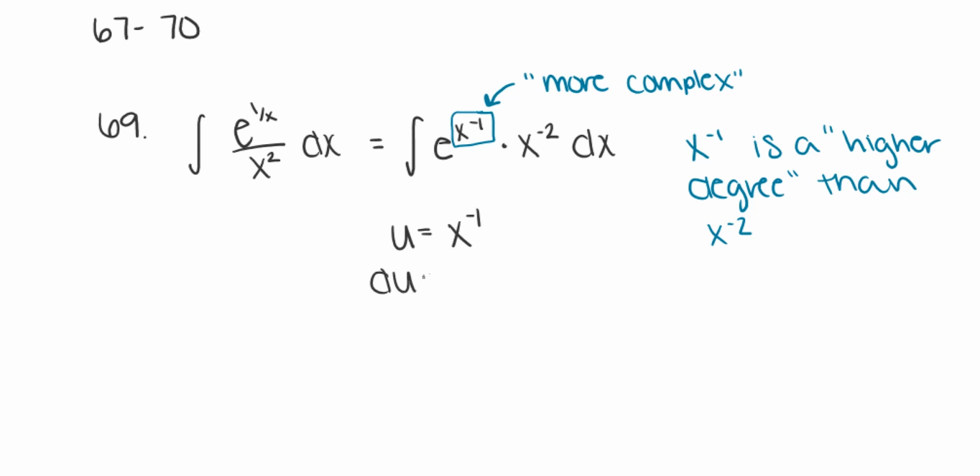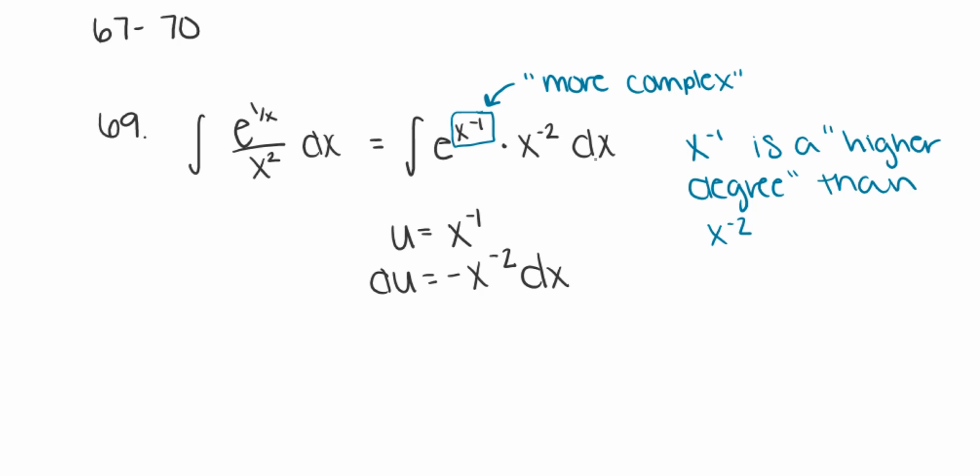And remember that when we're taking the derivative of x with a negative exponent, we're still subtracting, but we get negative 2. That's another way to verify that we made the right choice, if whatever we have in our du shows up in some way in our integral times dx. Now here though we have a negative x to the negative 2 dx, and up here we just have x to the negative 2 dx.